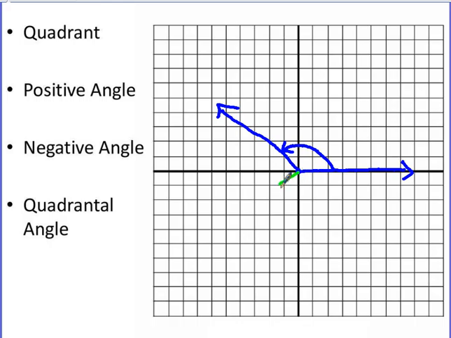Alright, and then I'm going to draw another one. If I start from my initial side and go clockwise and go down, then this is a negative angle. So when we write the angle measure, this would be like negative 100 degrees. And then the blue one would be positive 100 degrees. So if I go from my initial side and go up or counterclockwise, that's positive.